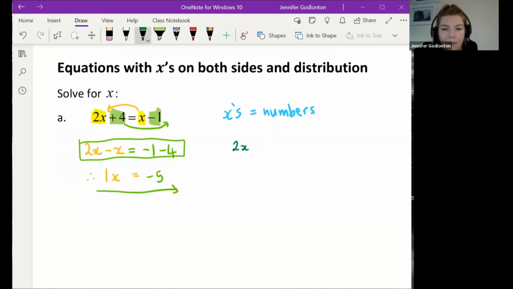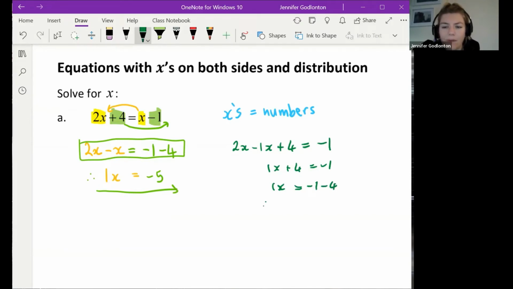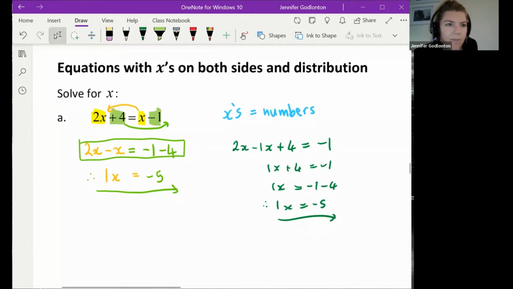Then I wrote 1x plus 4, minus 1. Then after that I wrote 1x equals minus 1 minus 4. Then I got my answer. Totally fine. 100% fine. Okay, thank you, ma'am. Absolutely solid. Not a problem.